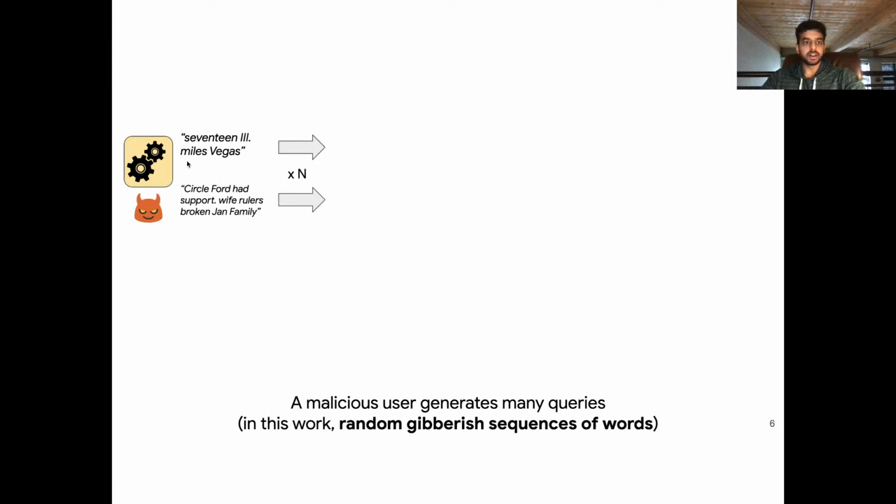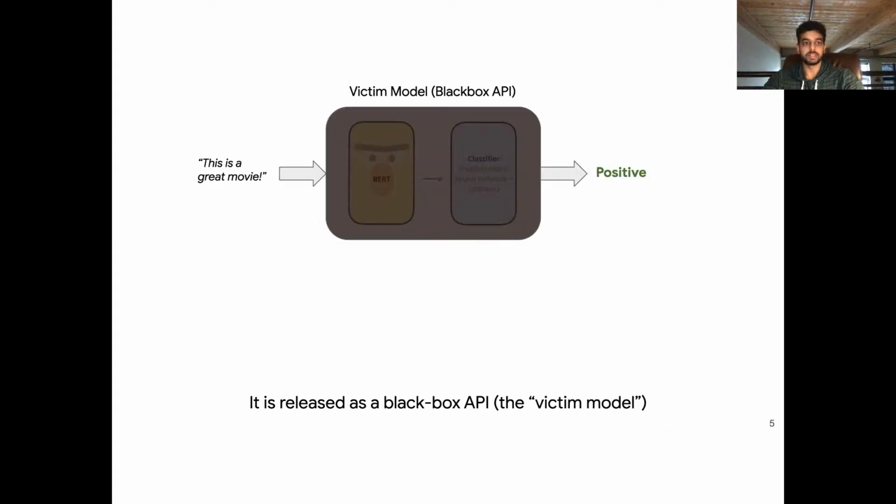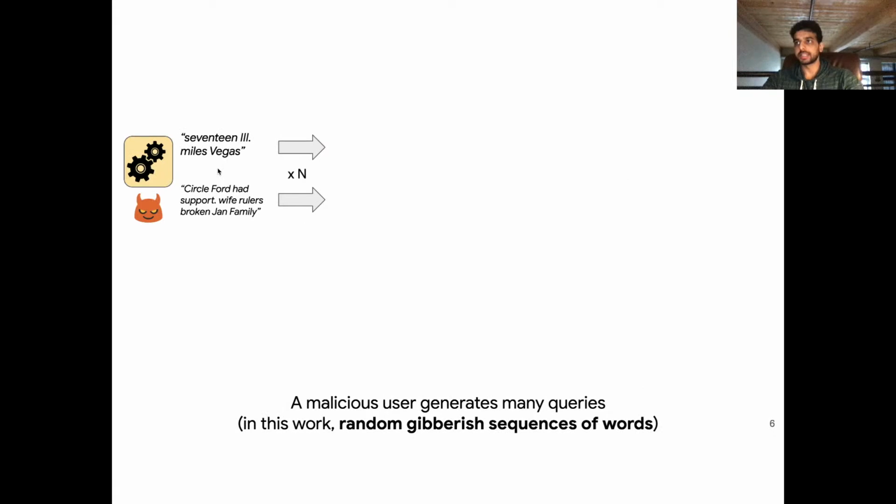For my queries, in our work, we experimented with the most naive strategy possible, which is to just randomly sample words and concatenate them together to form inputs that you can send over to these models. So for the sentiment analysis model, I generate this query: 17.3 period miles Vegas, right?